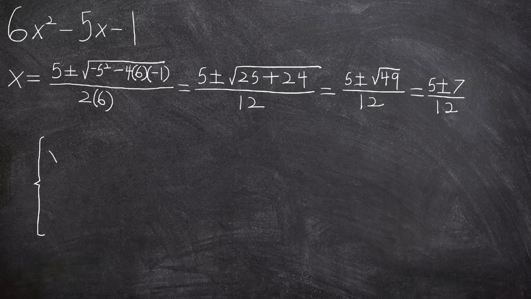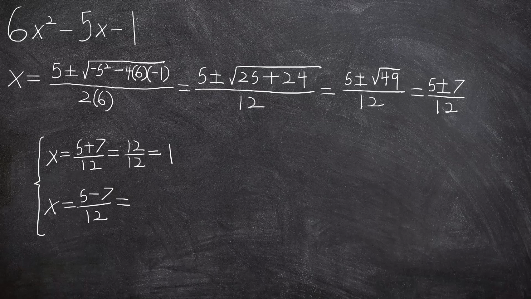Okay, so let's start with plus. 5 plus 7 over 12. 5 plus 7, 12. 12 over 12. This would just evaluate to 1. Now working with minus here, 5 minus 7 over 12. 5 minus 7, negative 2.